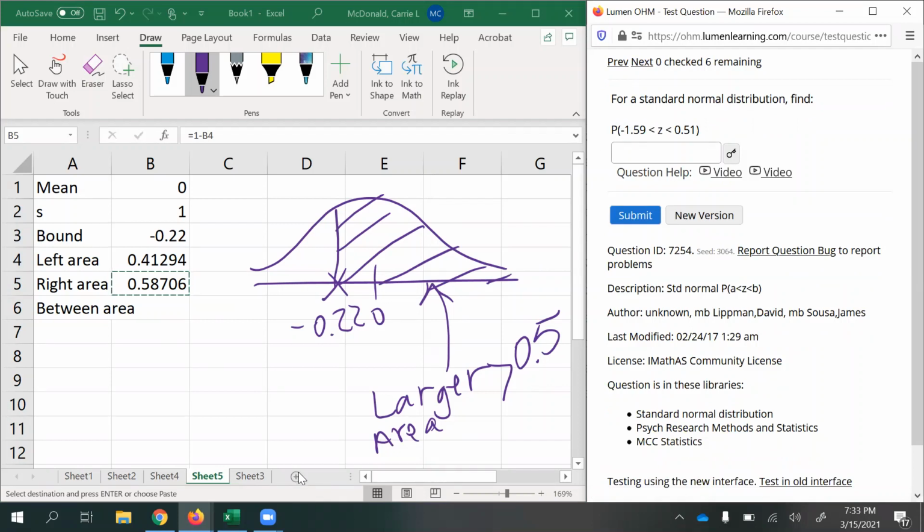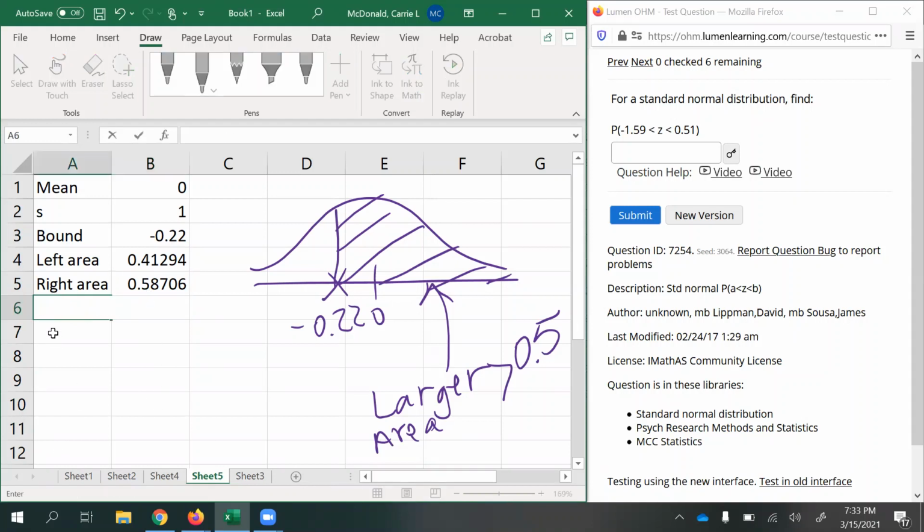Okay, now, what if you have one like this where you have to get in between two values? So I told you about between area. Well, for that, you have to get more fancy. And what I would recommend is that you actually set it up a little differently. You could set it up so that you have a left bound and a right bound, and then a left tail and a right.